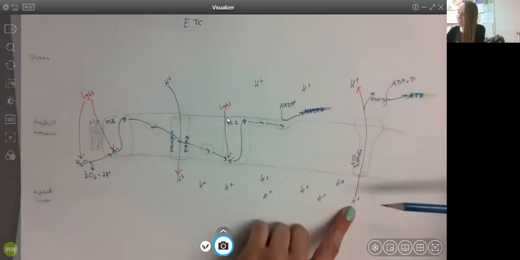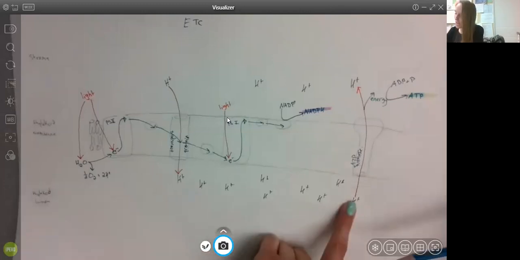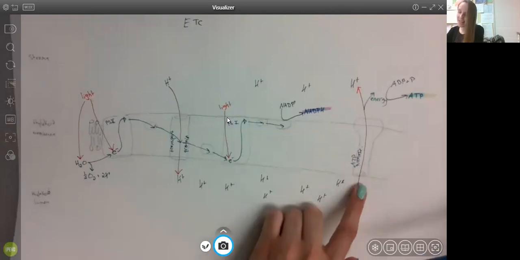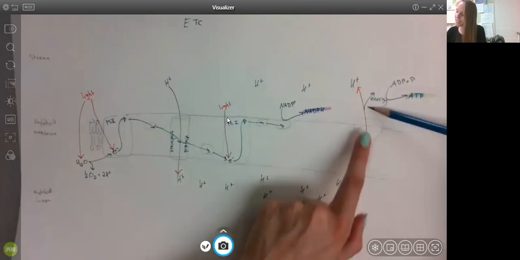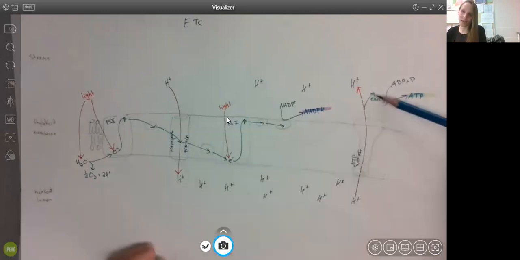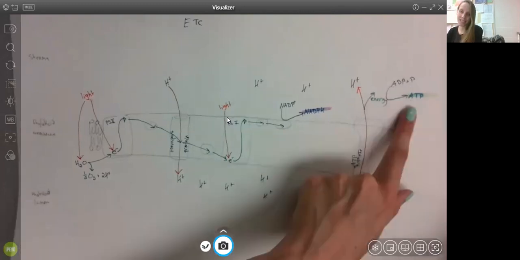So as these hydrogen ions diffuse out through the ATP synthase complex, they release that stored potential energy. That released energy is then used to take an ADP and add a phosphate to it, and by doing that, we create an ATP, which again is going to be used in the Calvin cycle.